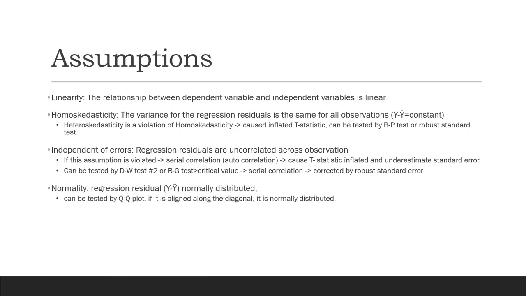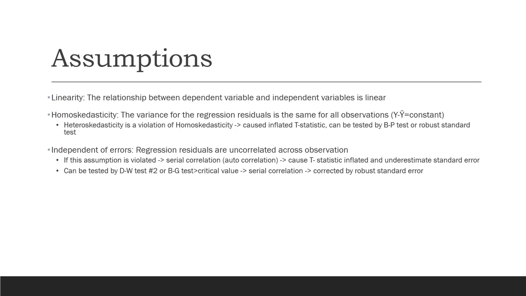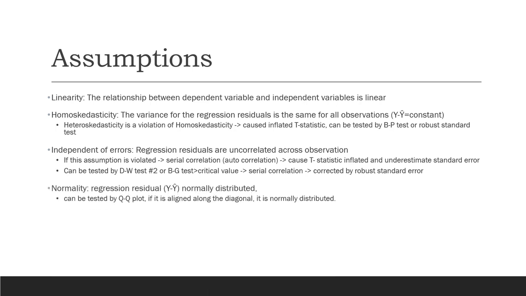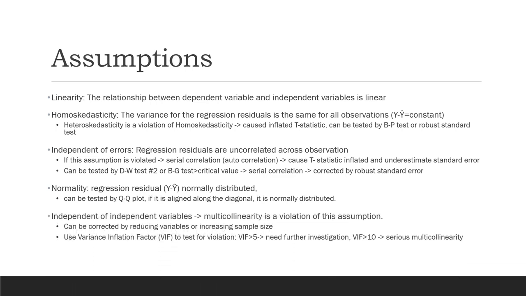The fourth one is normality, and it states that the regression residuals are normally distributed. It can be tested by the QQ plot, and if it's aligned along the diagonal, that means it's normally distributed. And the last one is independence of independent variables, which if violated causes the problem of multicollinearity.